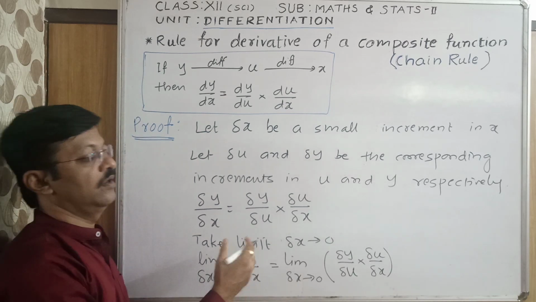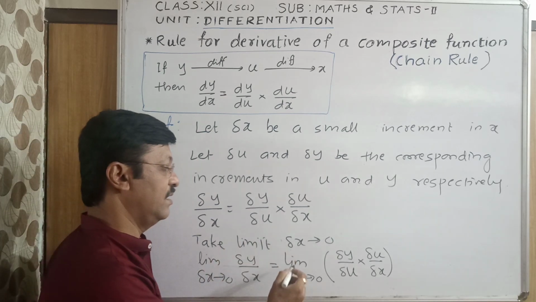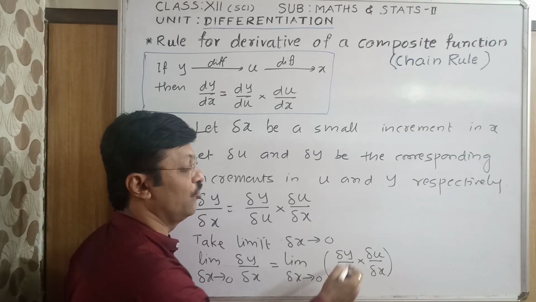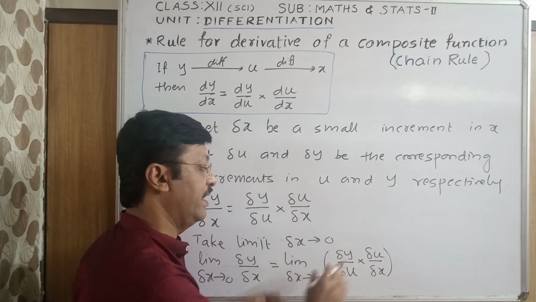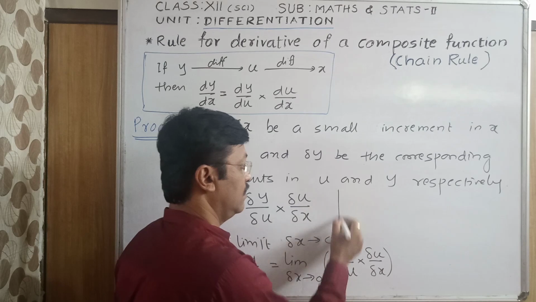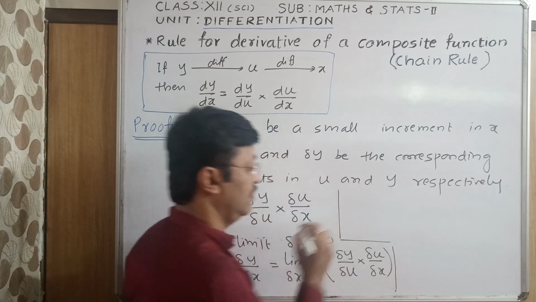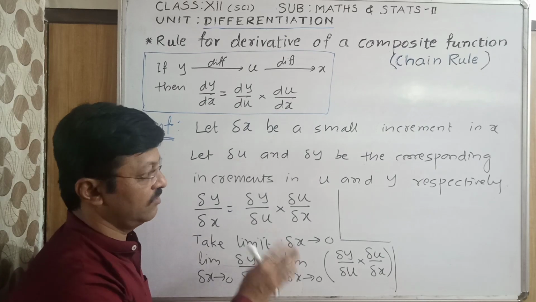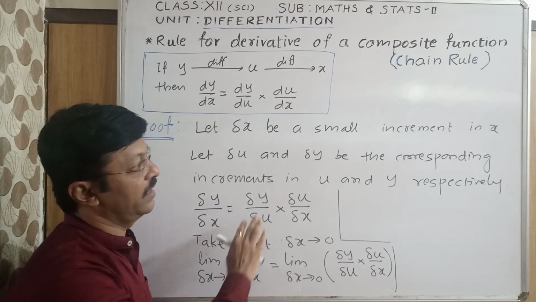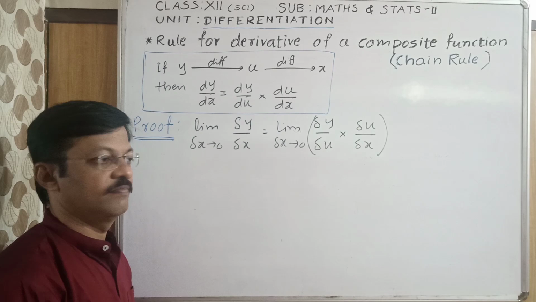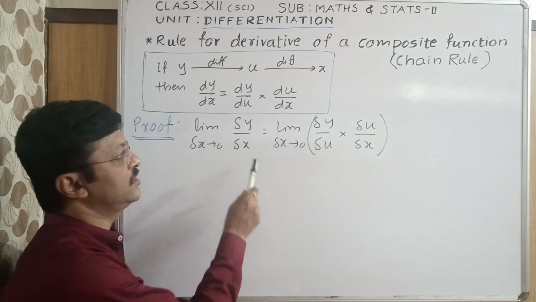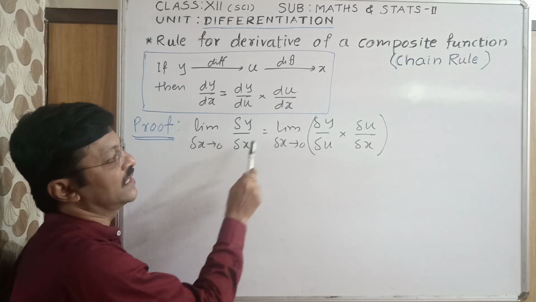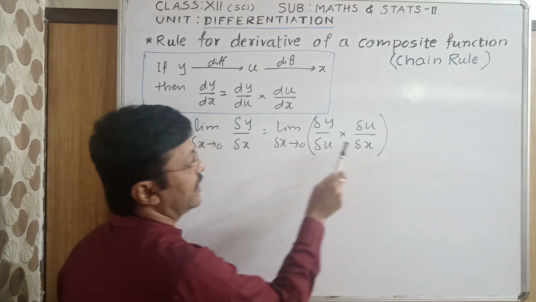Now we shall use the laws of limits and write the limit of delta y by delta u into delta u by delta x as separate limits. So we had written delta y by delta x as delta y by delta u into delta u by delta x earlier.